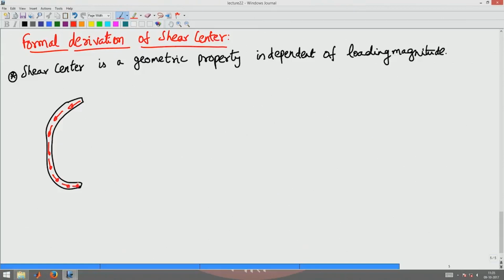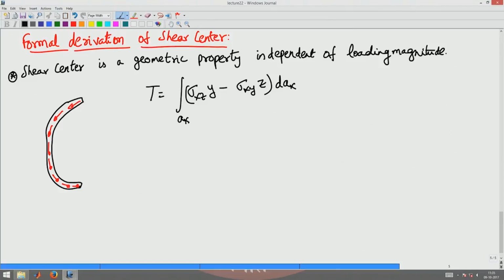If you recollect, in our previous lecture when we started bending moment, we defined the torsional moment T as integral of sigma xz y minus sigma xy z times dAx, right.